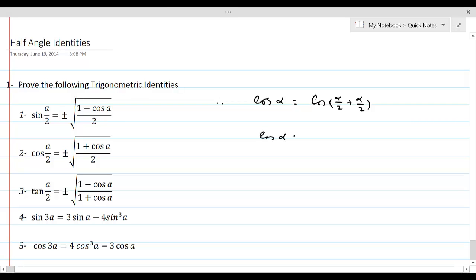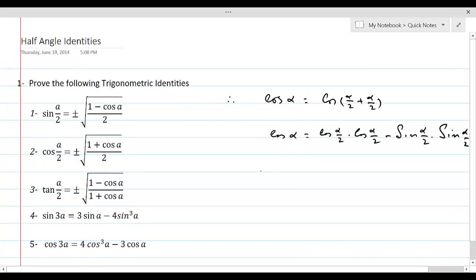If we expand the expression on the right side using the formula for cos(α + β), this will become cos(α/2) times cos(α/2) minus sin(α/2) times sin(α/2). This means we have cos α equal to cos²(α/2) minus sin²(α/2).